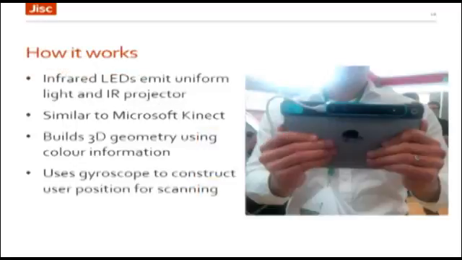So how it works, it records information from three different sensors. You've got your generic camera, which allows the sensor to process depth information and color view. And you've also got a third sensor.